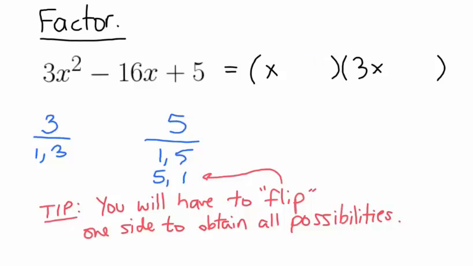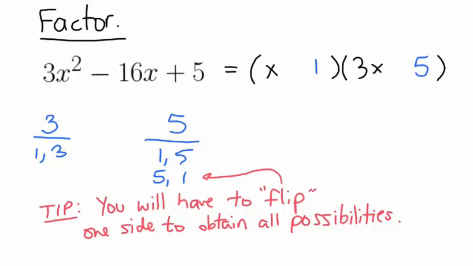So I'll take my first pair, which is 1 and 5, and I'm going to put them in here for now, and see if the last two terms, as well as our two inner terms, multiply together to give us the middle term of 16x.